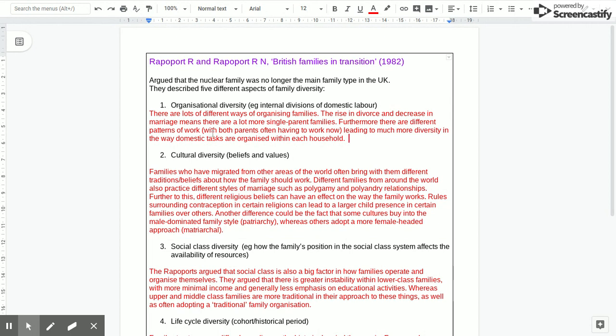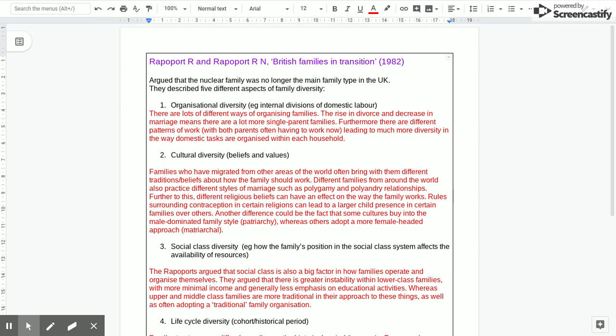Okay, because previously, as you hopefully know, the nuclear family would be that the father would go out and work, okay, and earn the money to sustain the family, whereas the mum would stay at home. Okay, but that doesn't really work in modern society anymore. And both parents generally have to go out and work.